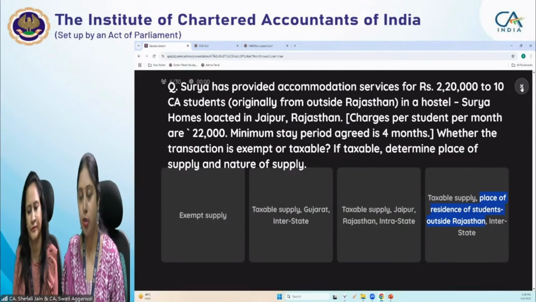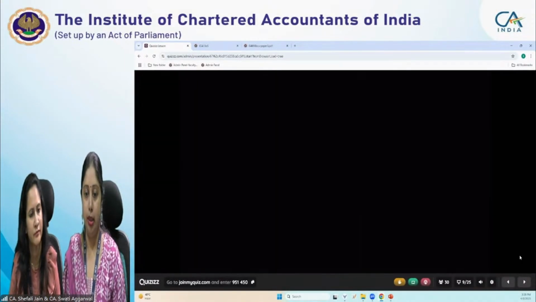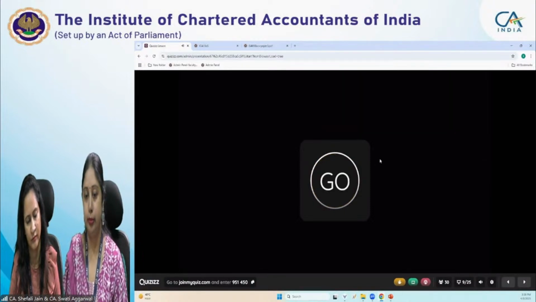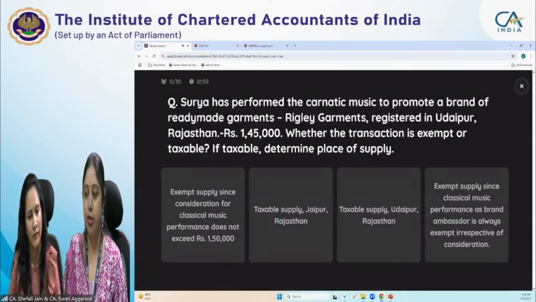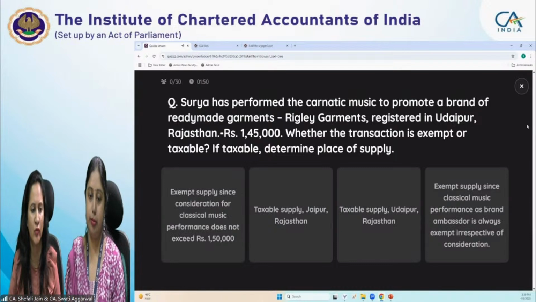Let's move to the next question so that we can quickly cover this entire question. So the next question is there on your screen. Surya has performed Carnatic music to promote a brand of ready-made garments, Wrigley Garments, registered in Udaipur, Rajasthan, for rupees 1,45,000.